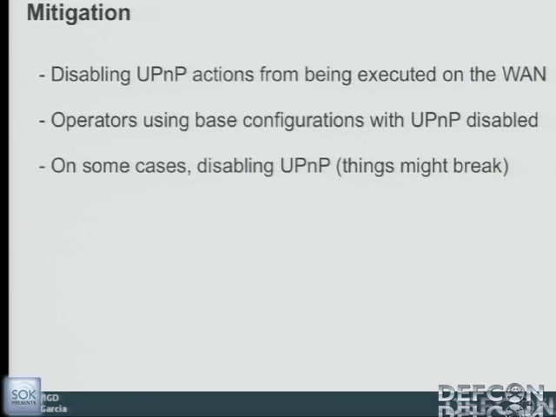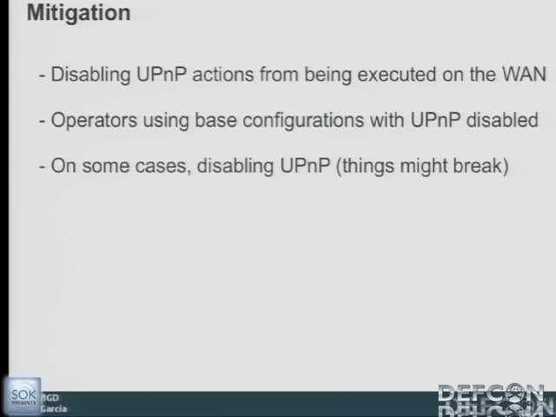Now, unfortunately, some devices, even after you configure them to accept the actions from the LAN side, they just don't work. I mean, you can configure them and they will keep on working on the WAN side, which is pretty bad too. We also could work with ISPs, which could do some base configuration to disable by default the UPnP WAN request.